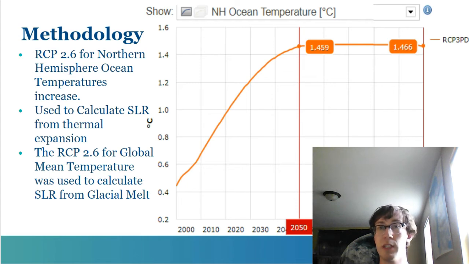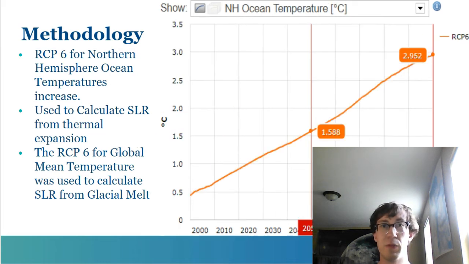I used the ocean temperature increase to calculate thermal expansion, which will attribute to sea level rise. And then I also did this with the global mean temperature, which I used to calculate the glacial melt. Similarly, I did this for the RCP6, which found in 2015 a 1.588 degrees Celsius increase and a 2.952 degree increase for 2100.